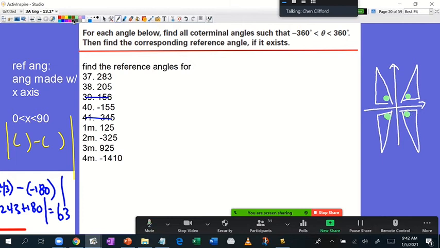So now, let's look at 37. And by the way, it's the angle that touches the x-axis.